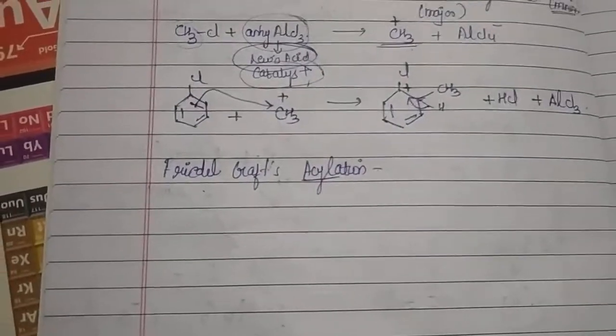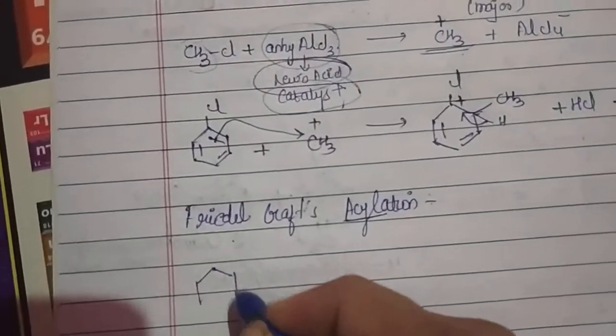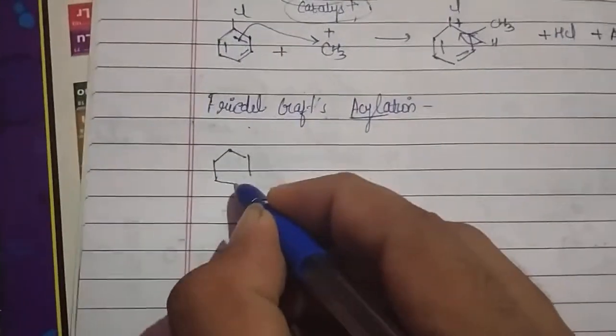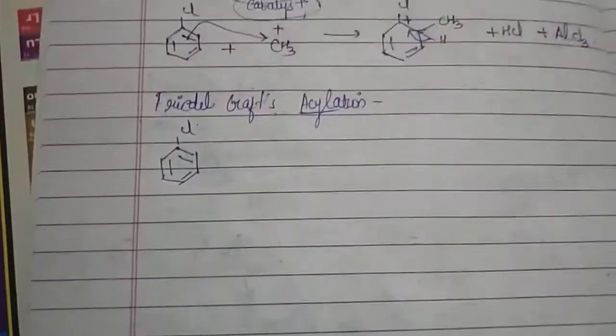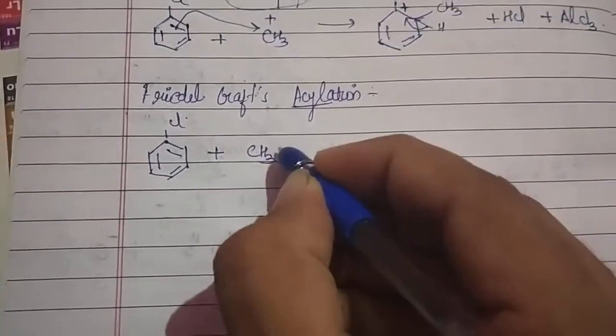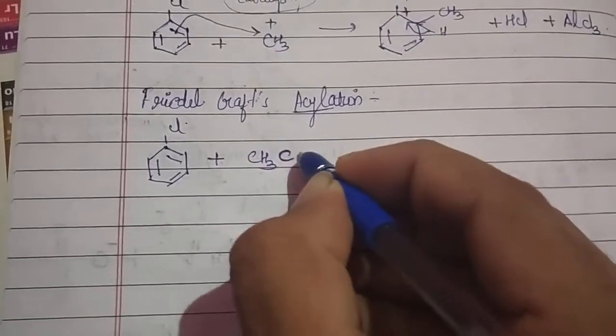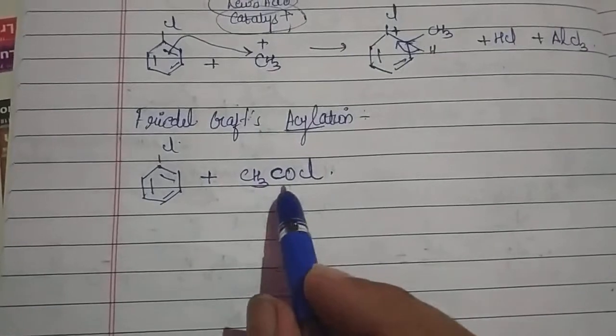So what happens, when we are treating our chlorobenzene, yes, over here, so this is my chlorobenzene. This will be treated with what? Yes, our acyl chloride. You just see the part CH3COCl. I repeat, CH3COCl.